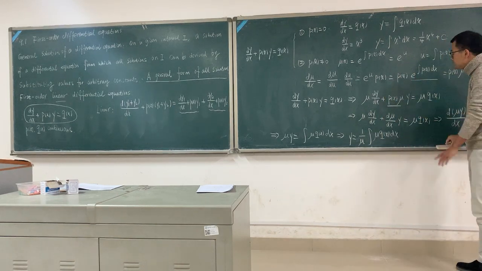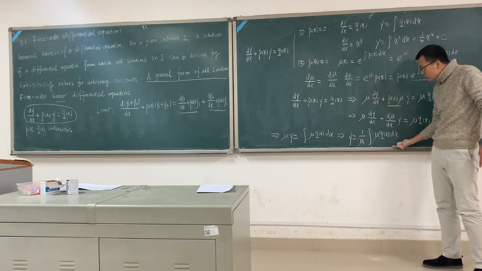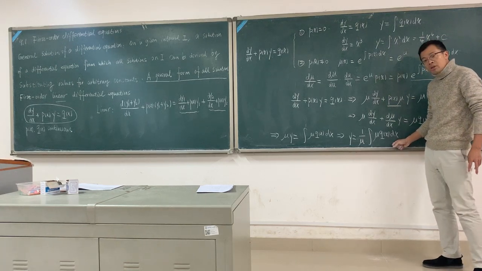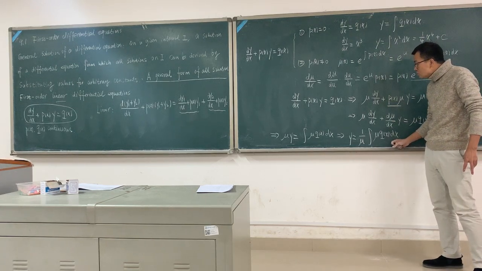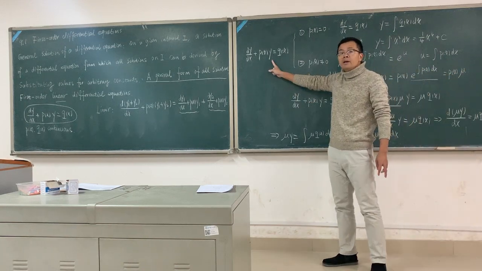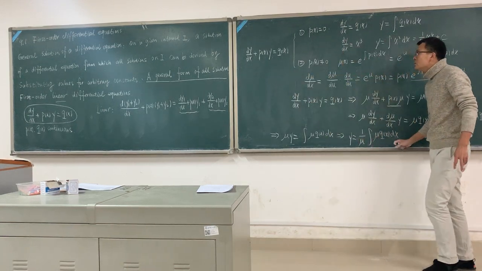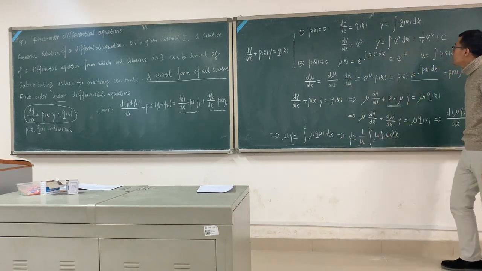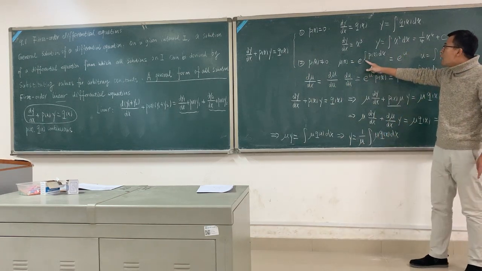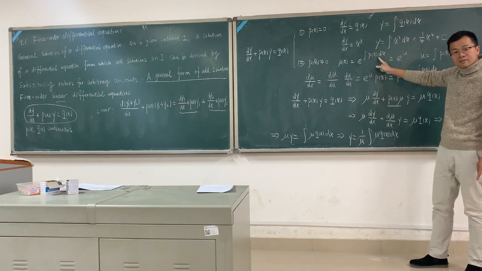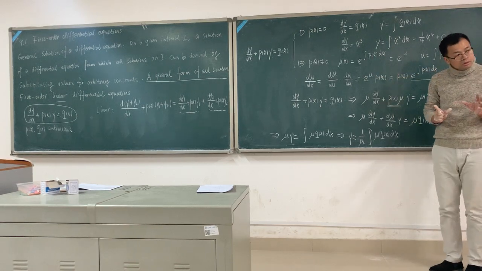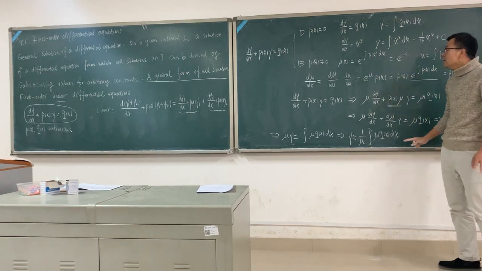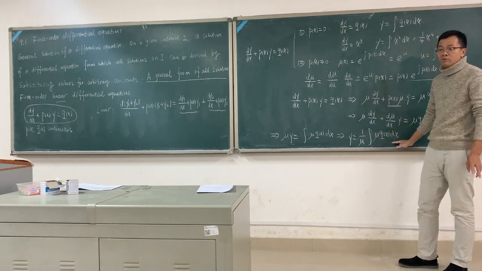This is the general solution of this equation. Here mu is e to the power of the antiderivative of p(x). Of course you can remember this formula.